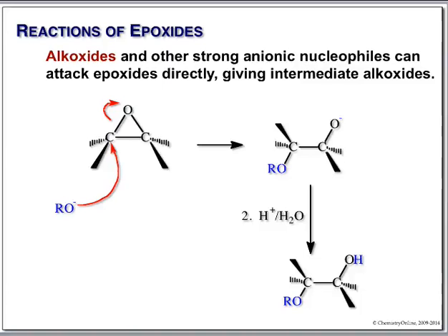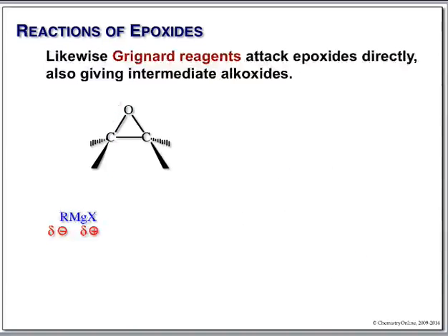Instead of alkoxide, we can do this with our friend, the Grignard reagent. Now we have to do this in ether. That is a Grignard reagent. But again, all that's going to happen is the carbanion portion of the Grignard is going to attack. The ring is going to bounce open.